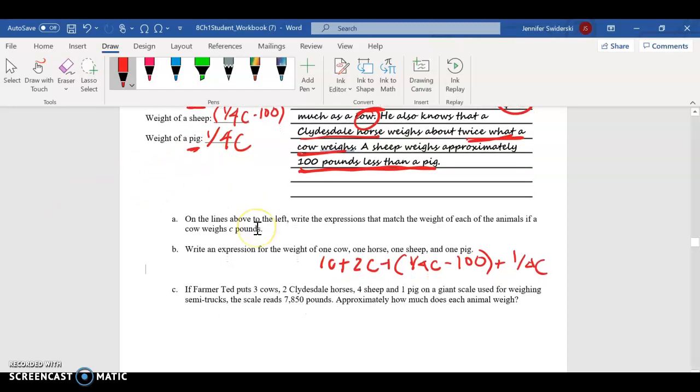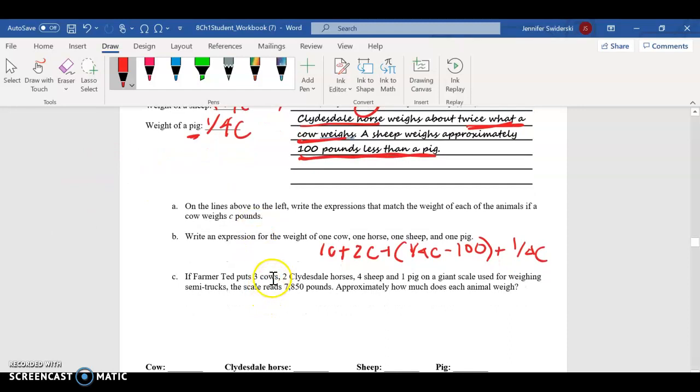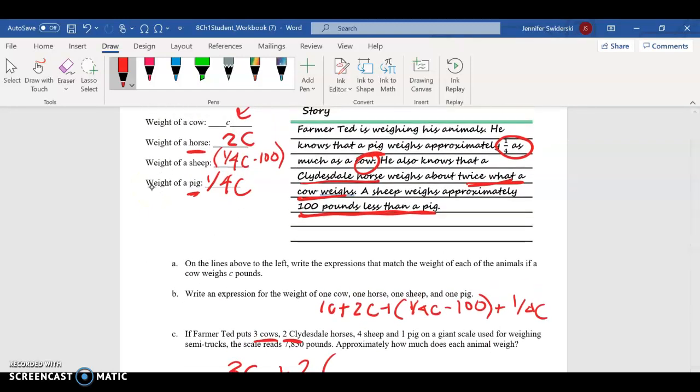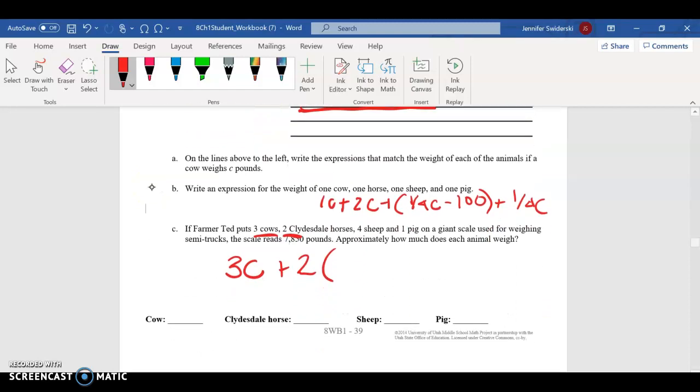Okay, says if Farmer Ted puts 3 cows, so a cow was C, 3 cows, how can I write 3 cows? Well, 3C, plus 2 horses. Well, how can I say 2 horses? Well, 2 times horses was going to be 2C, because that's what we wrote up here, plus 4 sheep.